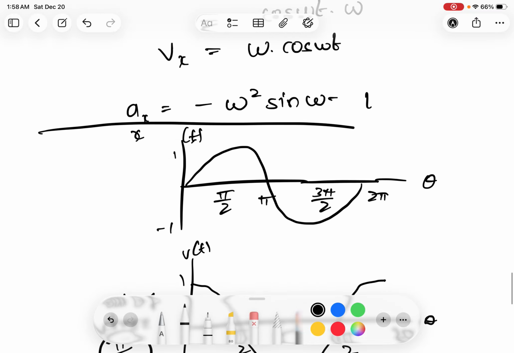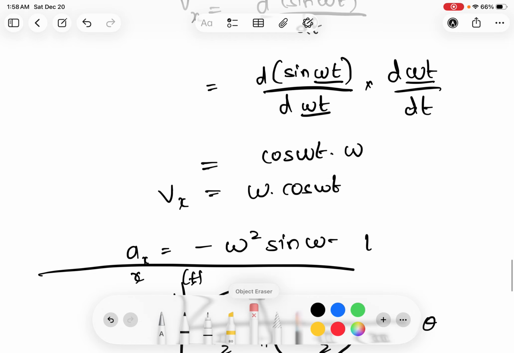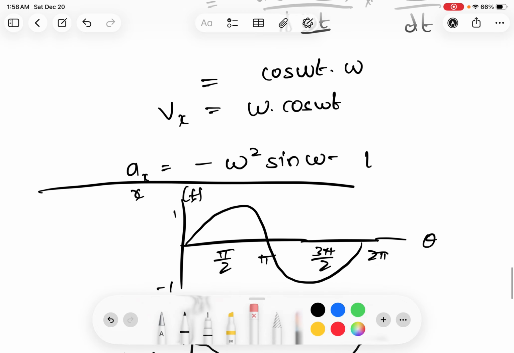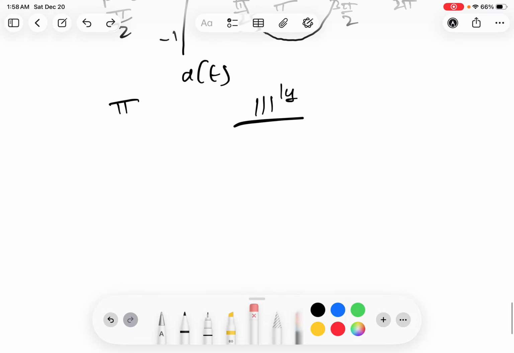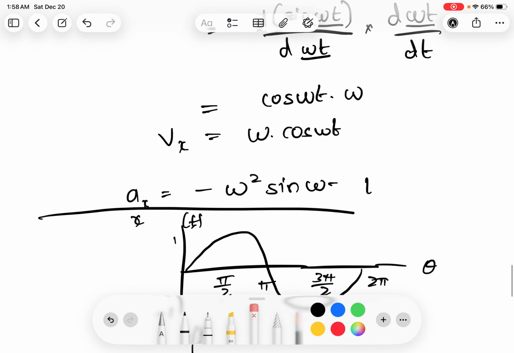We just take the function of the position and then differentiate it once, you get the function of velocity, differentiate it again, and you get acceleration.